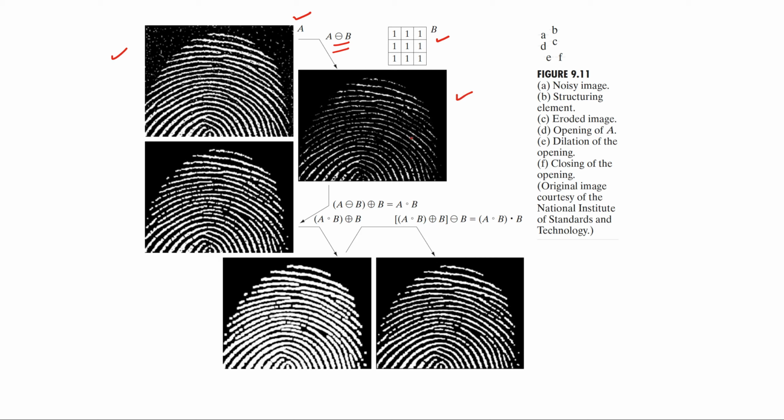Now if you dilate the image after that, then the pattern in this image will be dilated. Certain parts that have become very thin will be enlarged in this image. So you got the result of first eroding the image, then dilating the image. That is equivalent to opening an image.